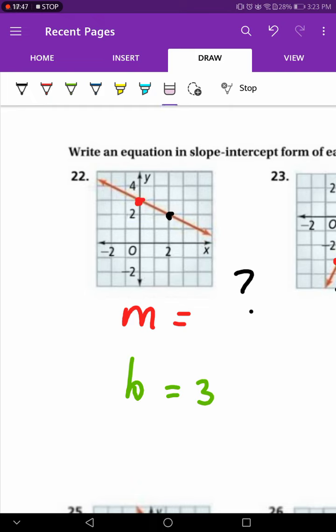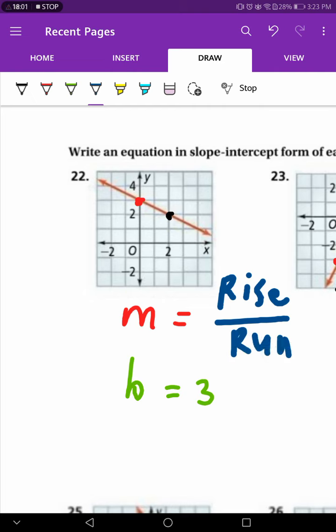Okay, now as you know, the slope equals rise over run. Rise over run, that means you have to determine your technique, or have your own technique.